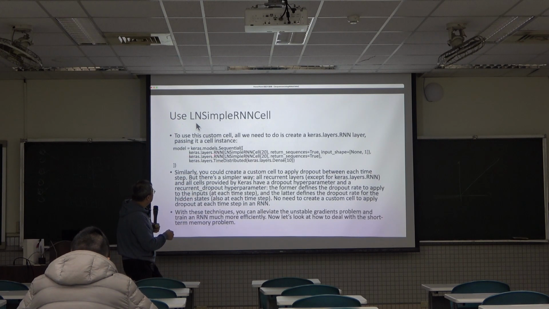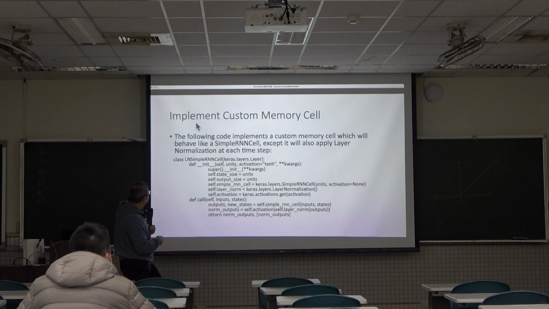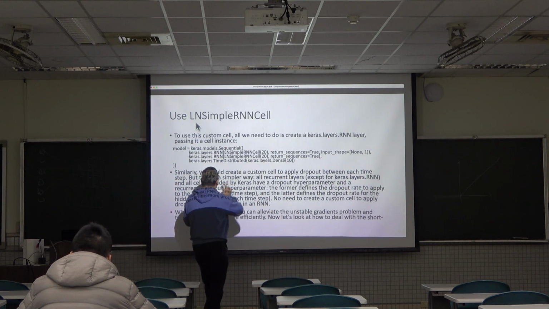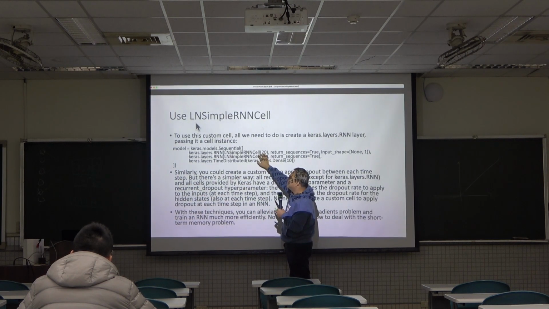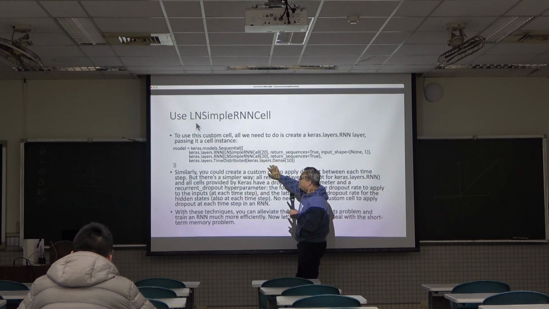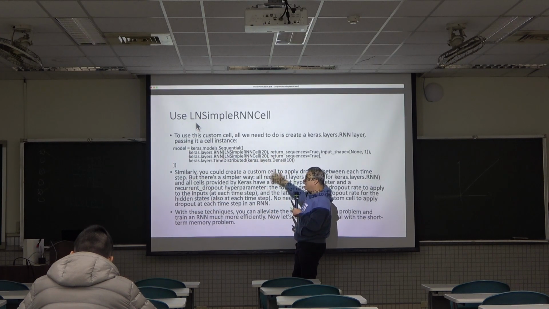In the RNN layer, you use the LN simple RNN cell, which is a simple RNN cell with layer normalization, and we have 20 of them. The other parts remain the same.